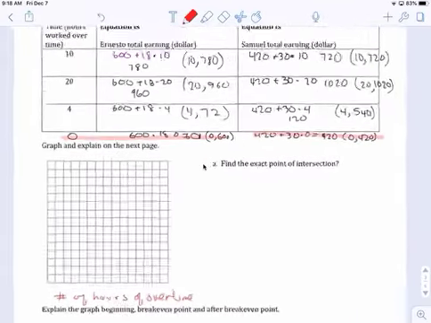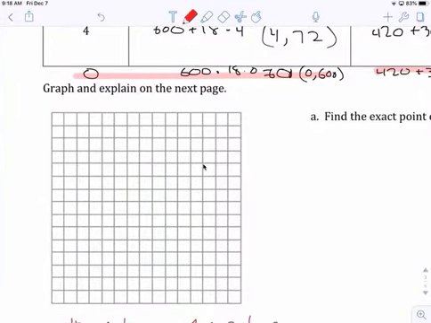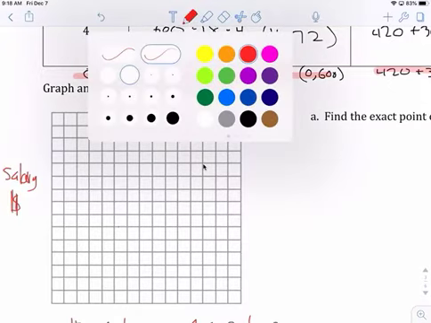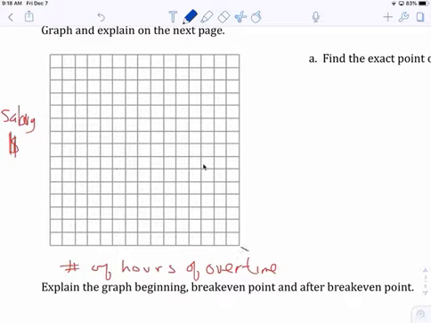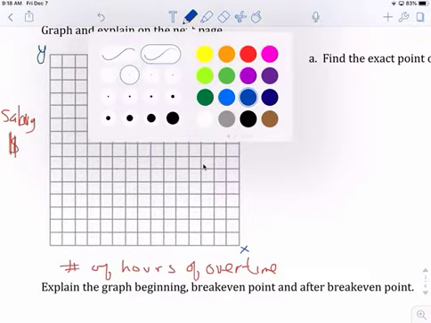S is total salary or total earning, or salary. You just put salary. But what's important is you need to put dollar, or earning and dollar, whichever one you want to put. Total earning, total salary. But time is always on the x-axis, and total of something is always on the y. It's the answer. Y output is the answer.